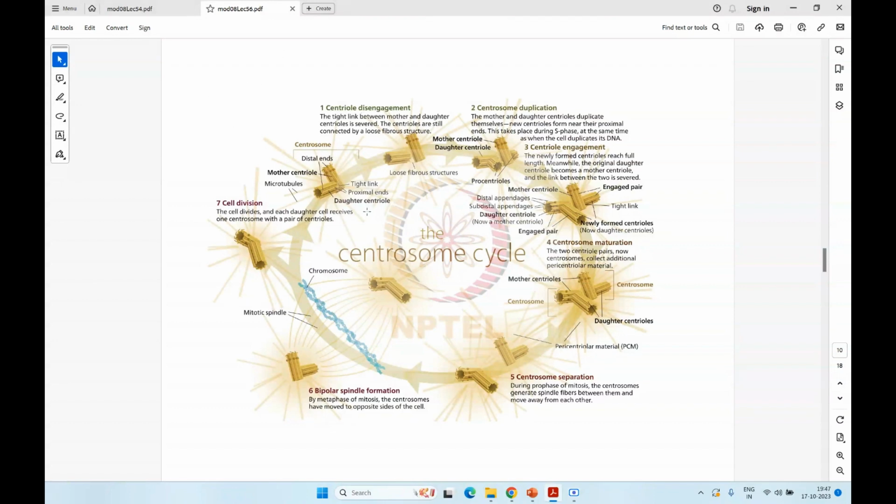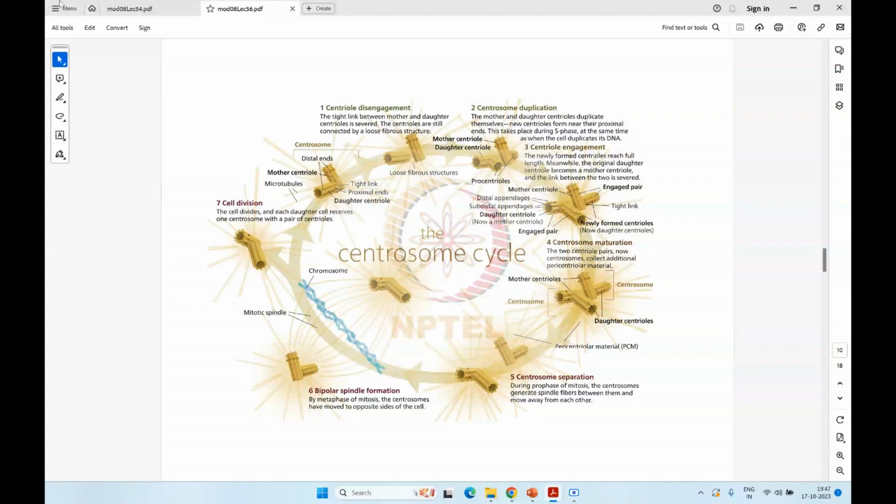So if this is one centrosome that's present, which has two centrioles, a mother centriole and a daughter centriole, there is no such clear distinction as to what the mother centriole is and what the daughter centriole is.